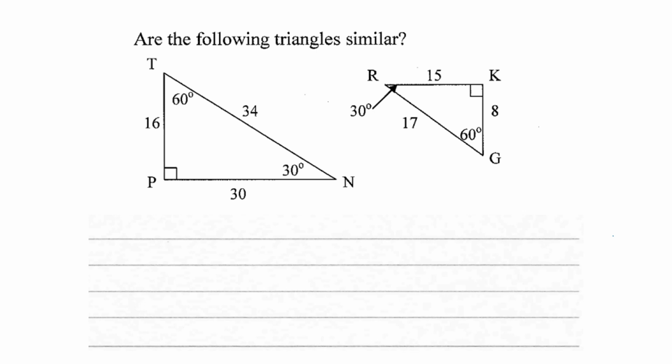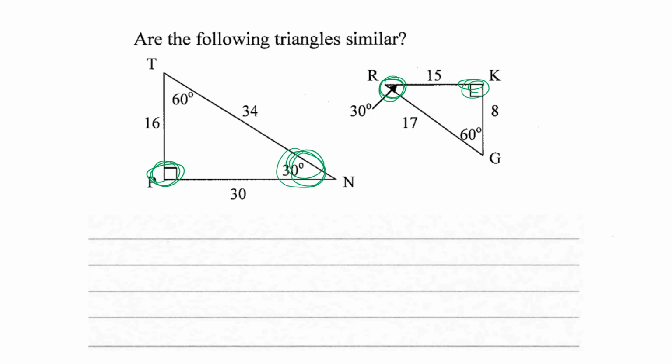So the first thing we want to ask ourselves is, are all the angles the same? Are all of these angles the same? Well, we've got the first one that we've already talked about, our right angles. So we definitely know that this right angle and this right angle are the same. So there's one angle that is definitely the same. And then if we were to rotate this whole shape in this direction, we would find out that this angle right here is the same as this angle right here.